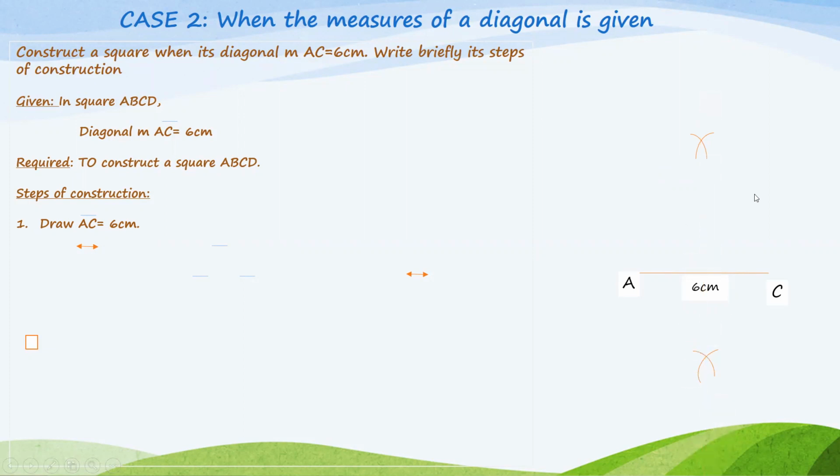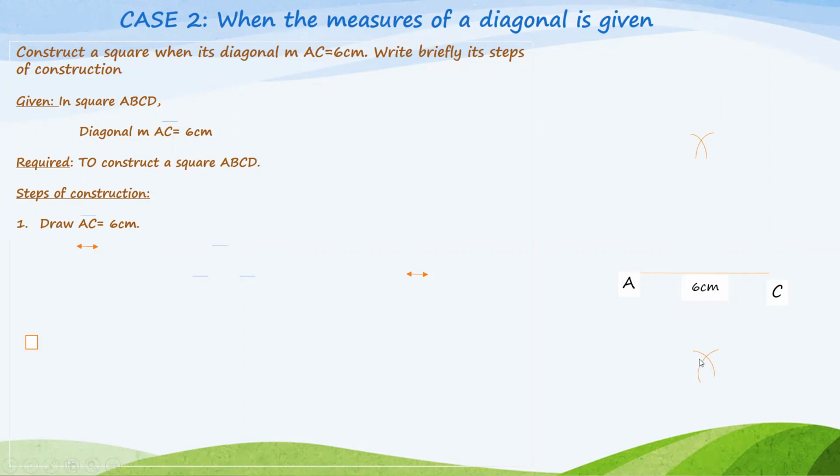In the same way, we put the compass at A with the same opening and make two more arcs, one above, one below this line segment. These two arcs must intersect the two previous arcs which we drew by putting the compass at C.